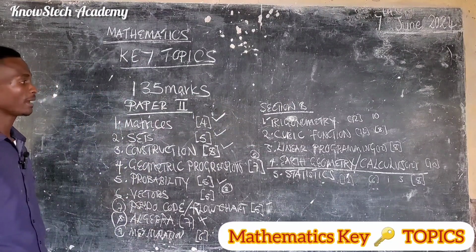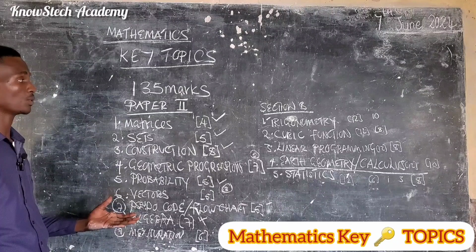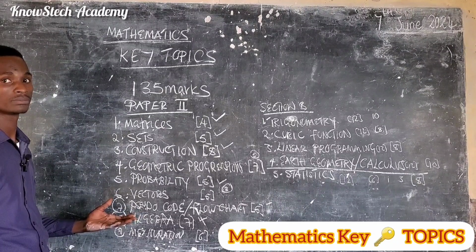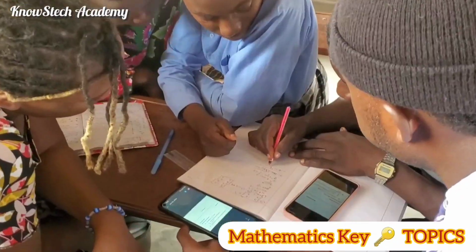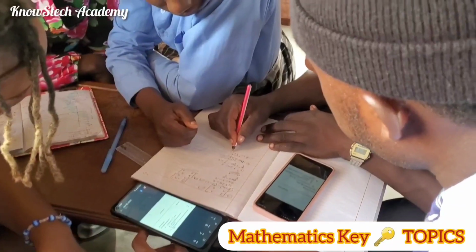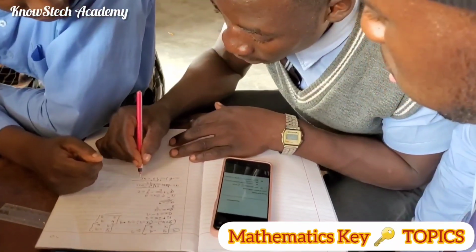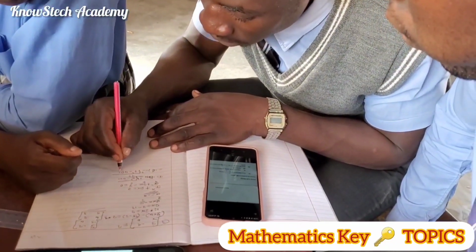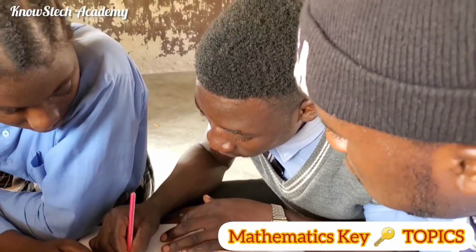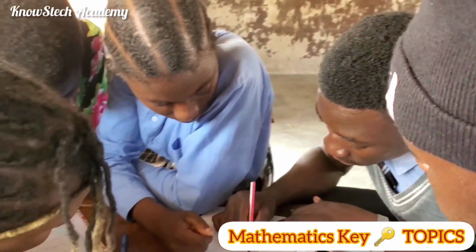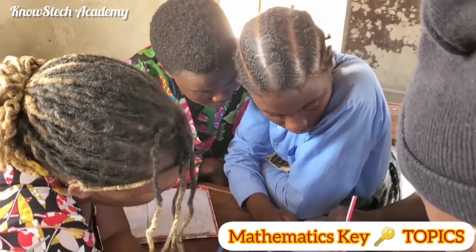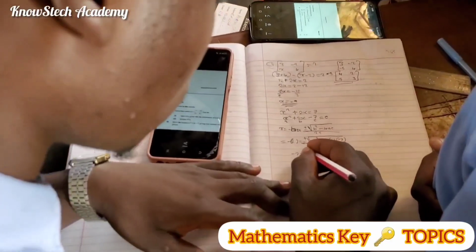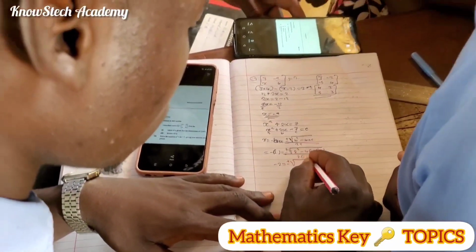Now, how many marks so far? This is paper 2. 124 marks. Calculate nicely. 92. So altogether, section B and section A. Section A is how many marks?